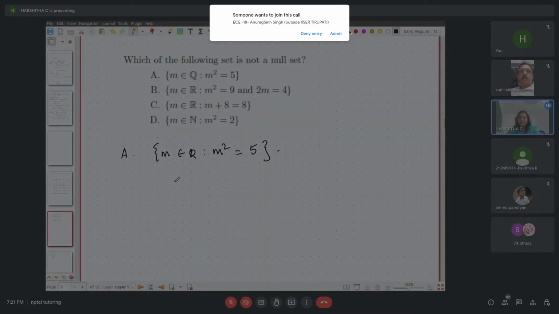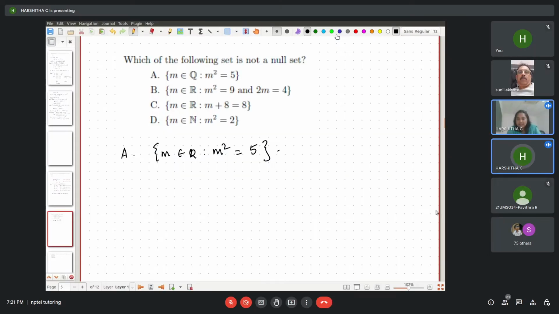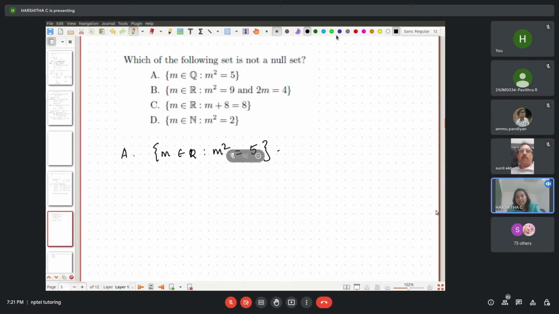So can you type in the chat box? What do you think? How many of you think this is an empty set? Is there anyone who thinks this is an empty set?